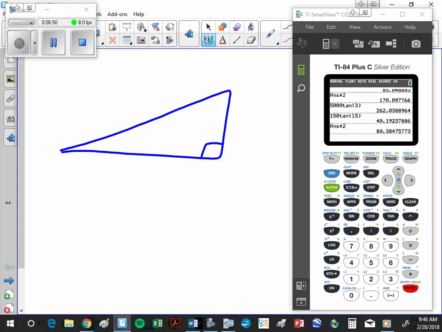So we know that this is 65, and I guess we're assuming we're going to start at the top of the mountain and end at sea level, right? I mean, it says the elevation is 4,000 feet. It doesn't say 4,000 feet above the base of the mountain, but that's probably what it means. And which side do we want to know? The hypotenuse. So what trig function would we need to use?